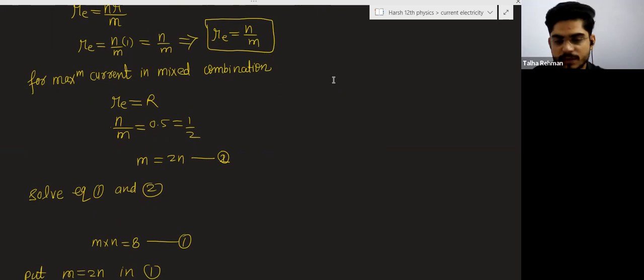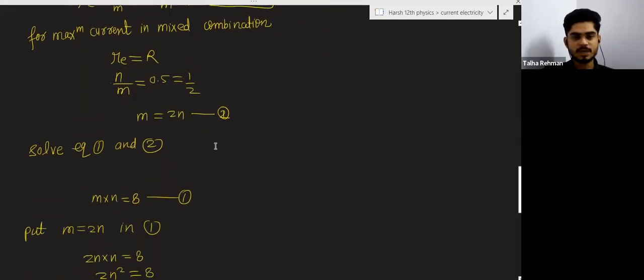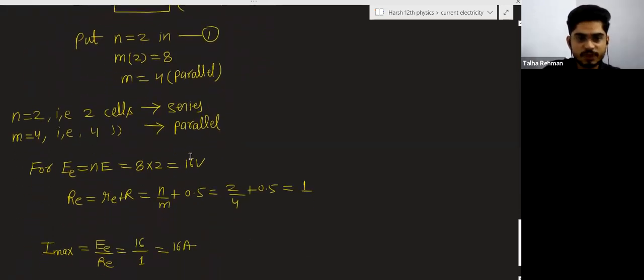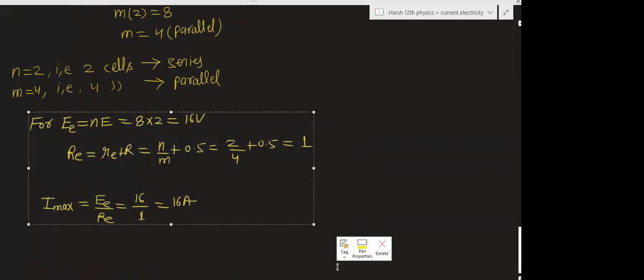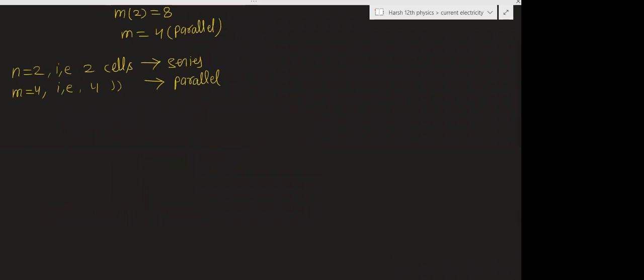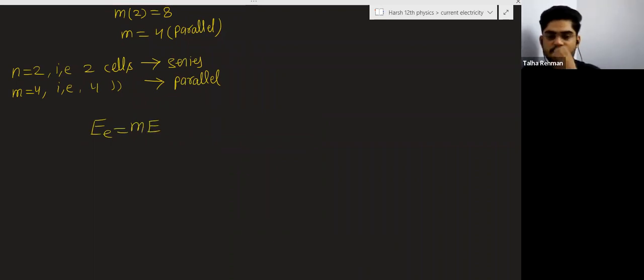Oh, this is ME. We have made a mistake here. Total EMF we will have not NE, we will have ME. I am telling you why. Because now you have connected two cells in series.